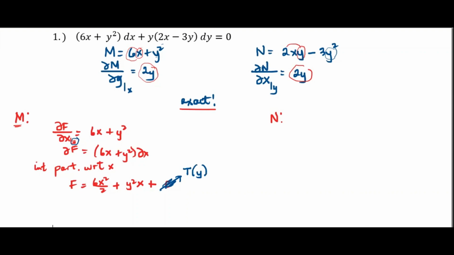So susulat ko na lang plus t of y because I treated y as a constant. So my f now becomes 3x squared plus y squared x plus t of y.